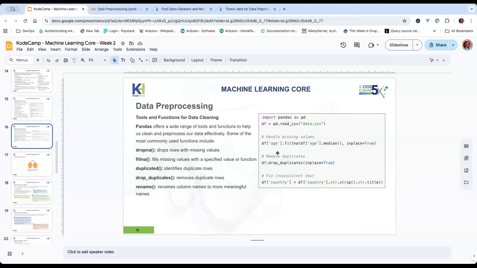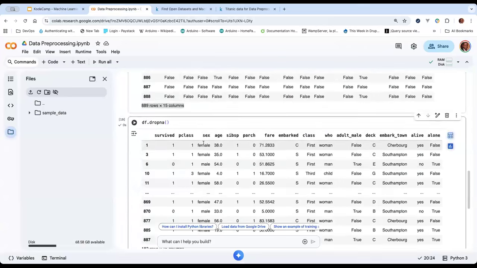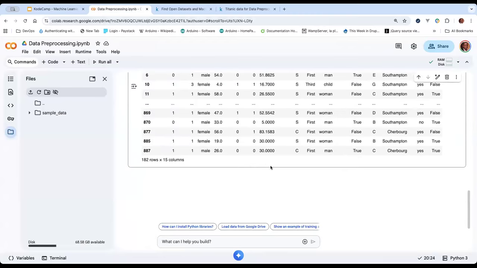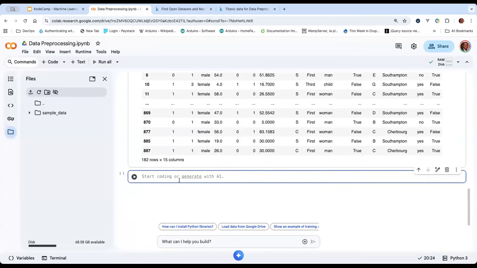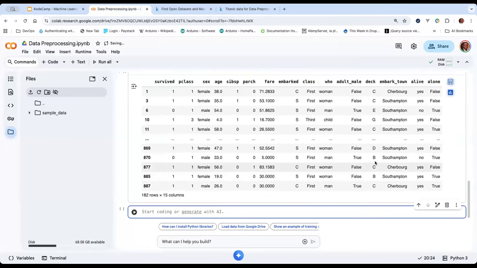The other thing you could do is fill. So instead of me dropping these rows that don't have any data in them, I want to fill them with a value. So let's say if I don't have a deck, because this is Titanic, we are saying, okay, if someone doesn't have a deck, let's assume the person is on the lowest deck, and the lowest deck, maybe let's say deck Z.